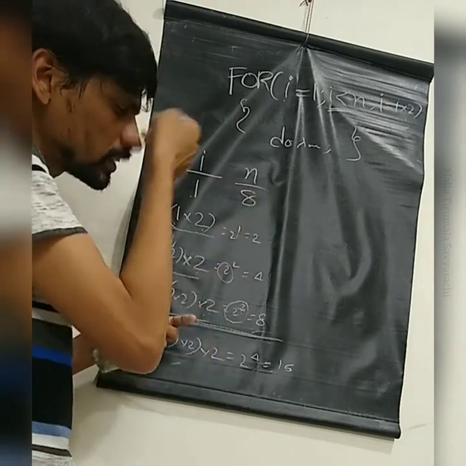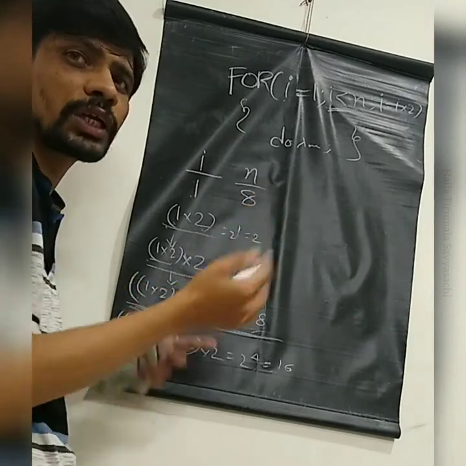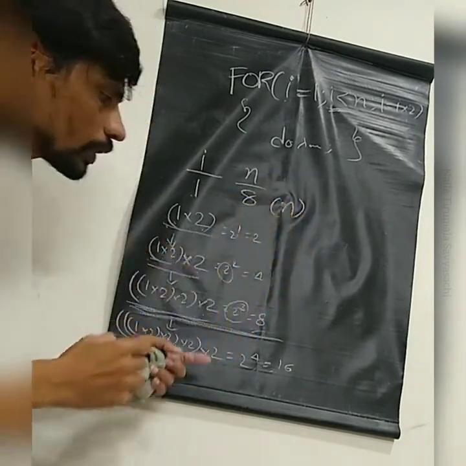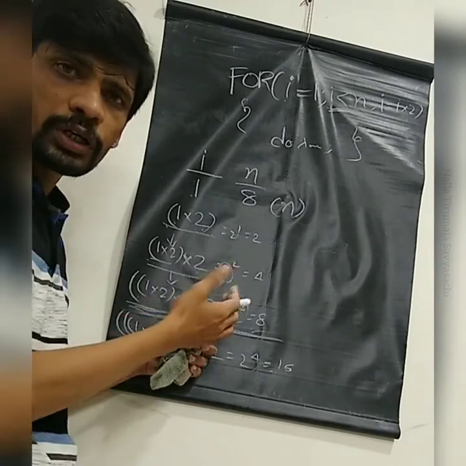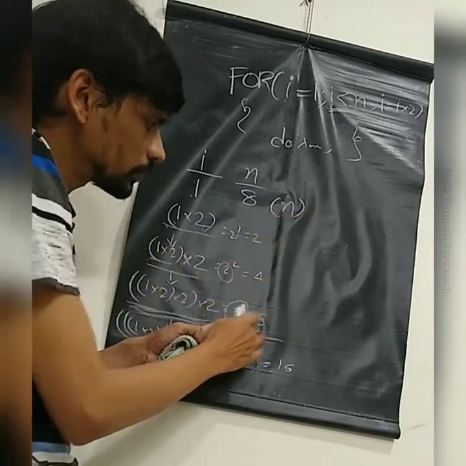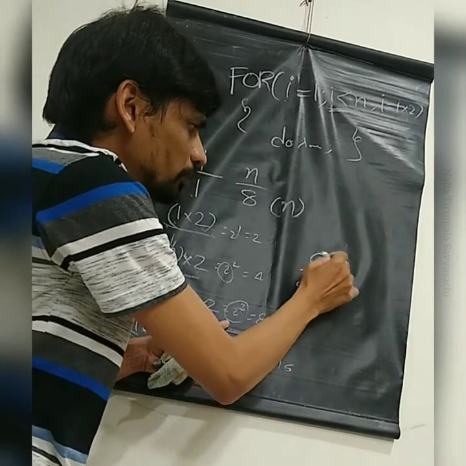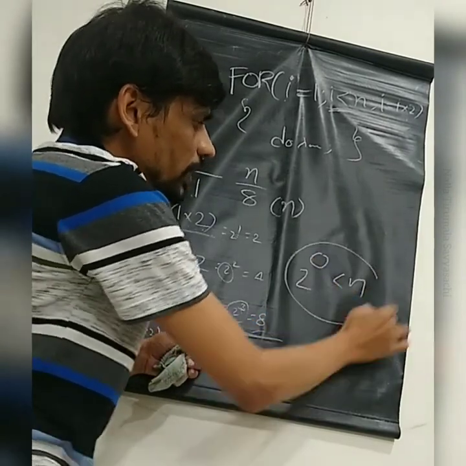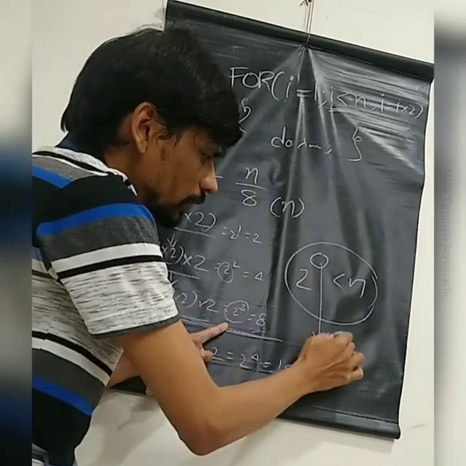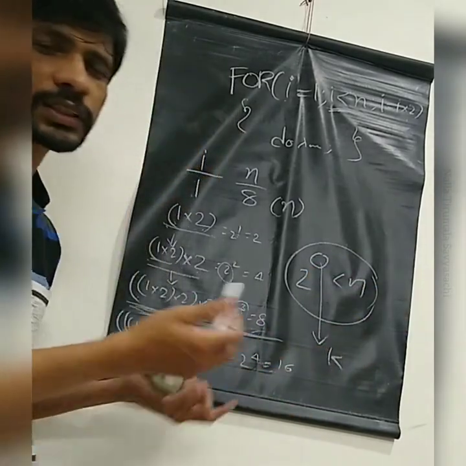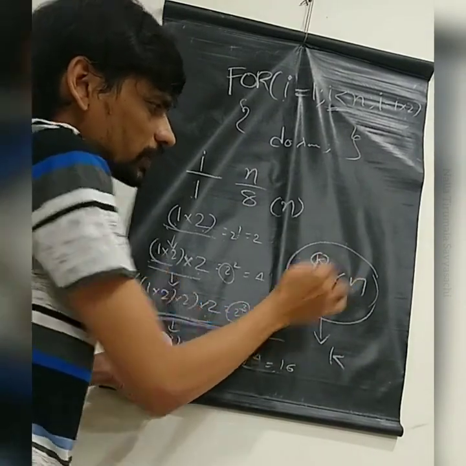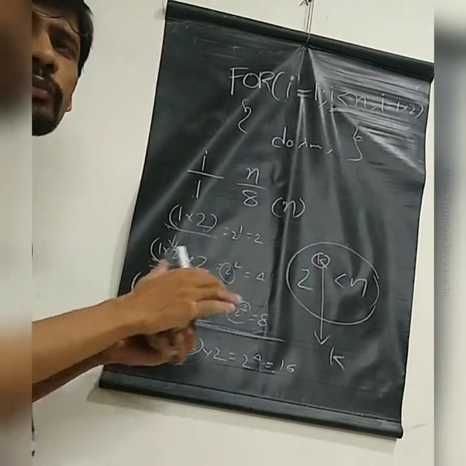But if my n is some number, let's imagine n, then at some point 2 power something is less than n will fail. Let's imagine that point is k. Just imagine that instead of 3 I am replacing it with k, some imaginary number.